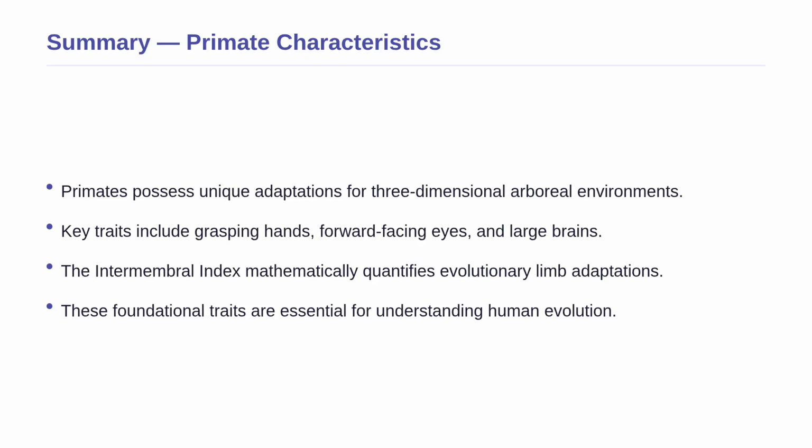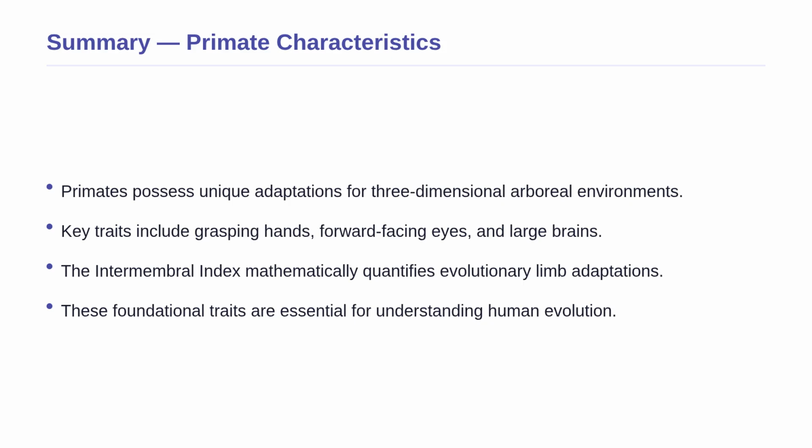As we wrap up this lecture, let us review the most important ideas we have covered. First, primate characteristics represent a unique bundle of evolutionary adaptations specifically designed for life in complex, three-dimensional arboreal environments.